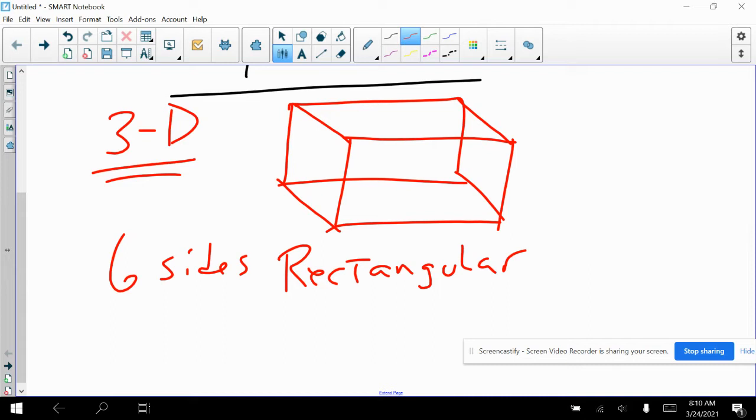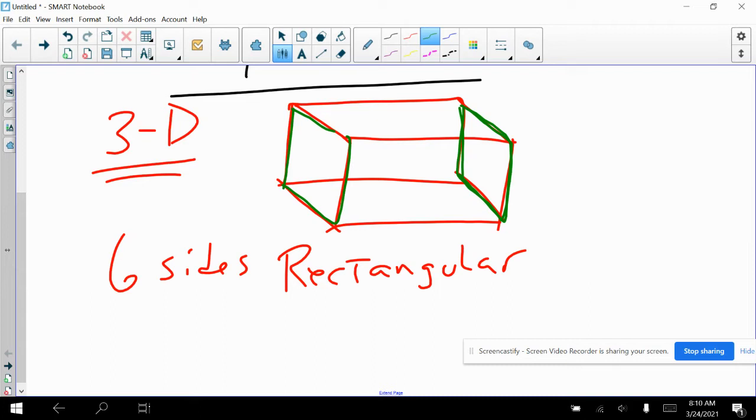Okay, and here's where you got to know your properties of your two-dimensional shapes. Is a square a rectangle? Yes, it is. Okay, what makes it, in this case, a rectangular prism are the ends are rectangular and they are parallel to one another.